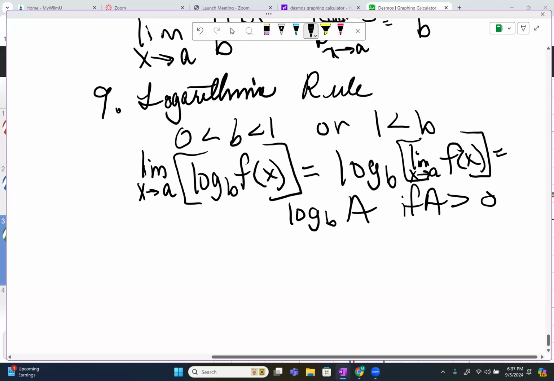Okay, and the last rule is number 10. In number 10, you have the equality rule for limits.